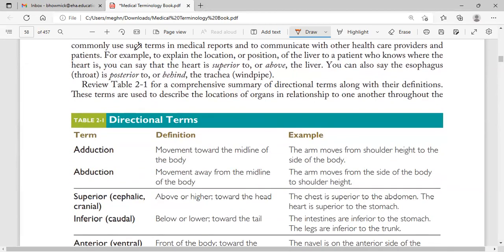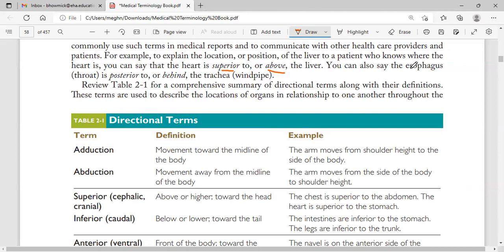Let me go here. These terms are commonly used in medical reports and to communicate with other healthcare providers and patients. For example, to explain the location of the liver to a patient who knows where the heart is, you can say that the heart is superior, or above, the liver.